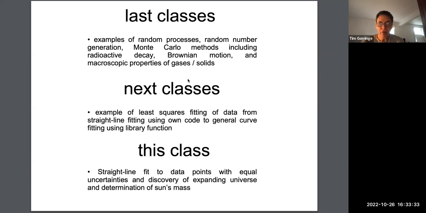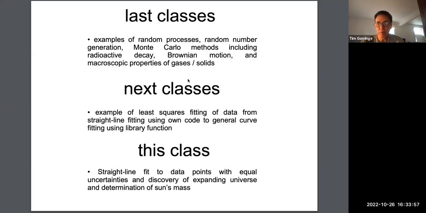And then over the next few classes, we'll make the fit more sophisticated. We'll look at fits beyond just a straight line to a more general curve. We'll look at fits where we incorporate the individual uncertainties on individual data points.